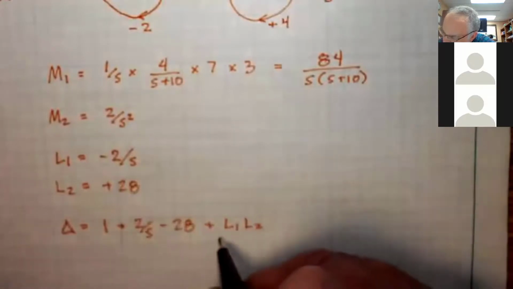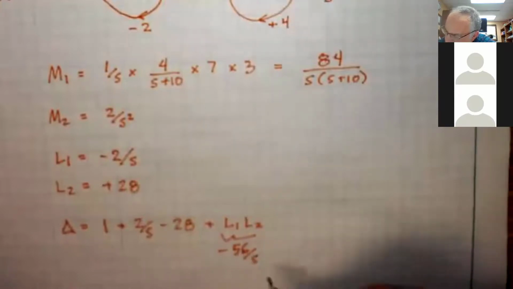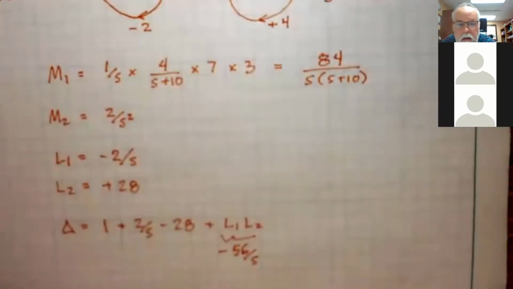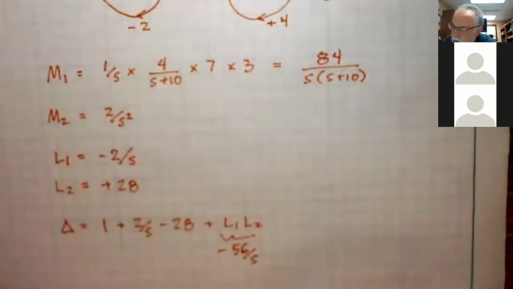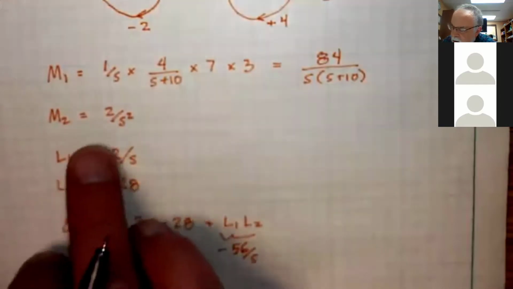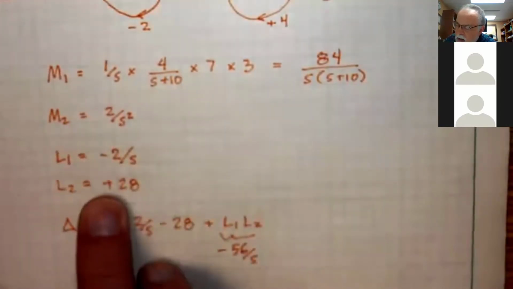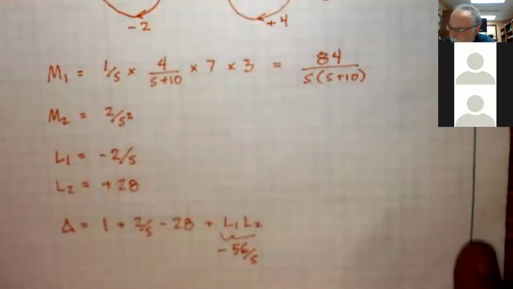So that guy right there becomes minus 56 over S. That making sense? 28 times 2 is 56. And since it's plus, that's a minus there. There's no minus here, so it doesn't cancel out.